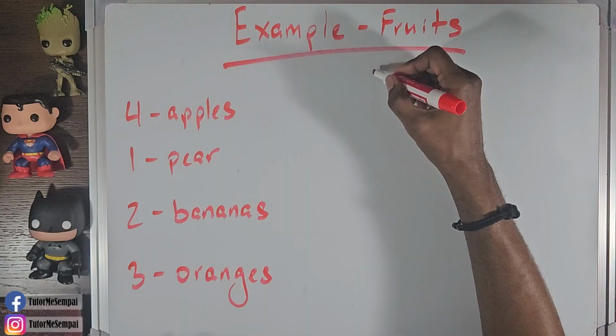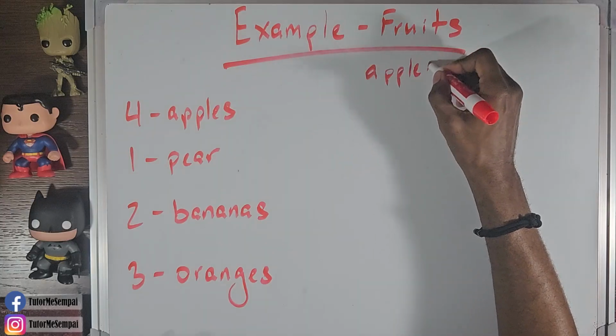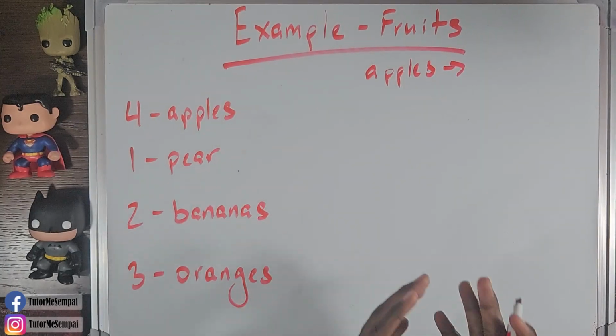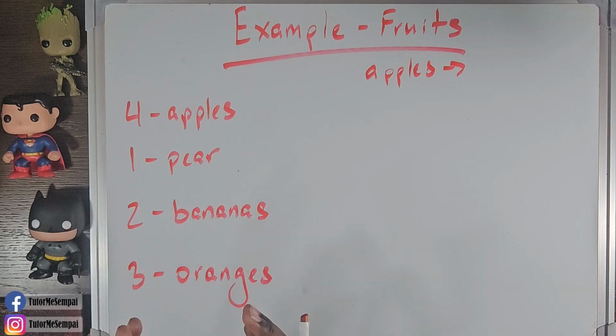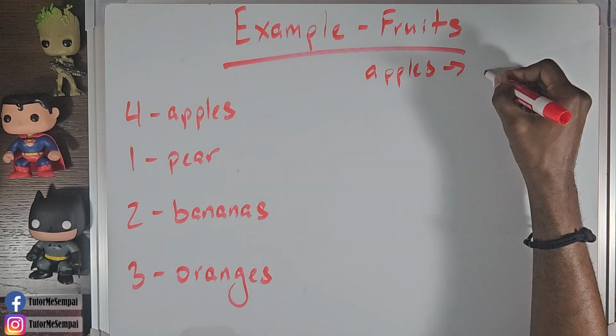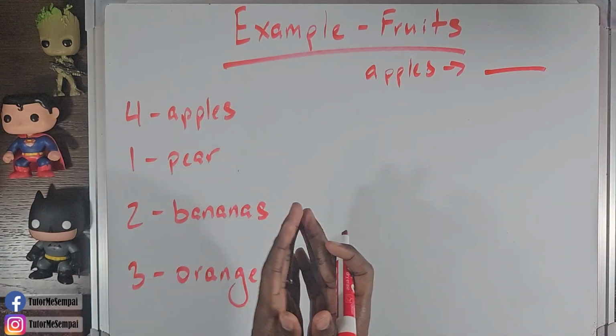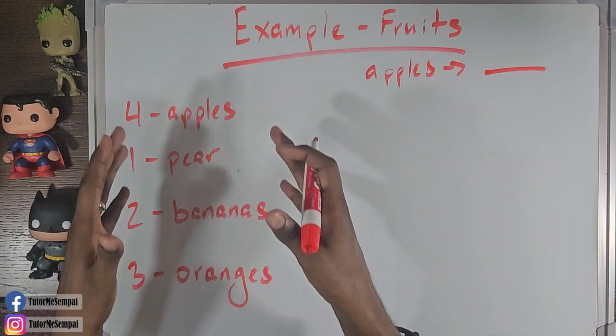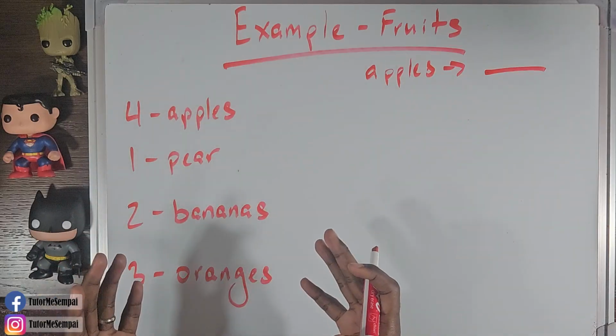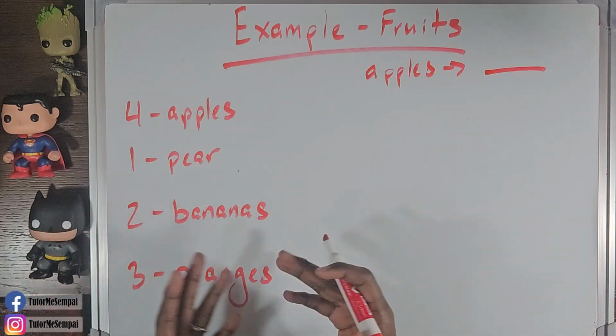So let's say we want to focus on apples. What's our fraction going to look like if we were to focus on apples? Well, first, put your bar. Now we have to determine what is our group. Our group is going to be all of these fruits. How many fruits do we have? Well, add up all the fruits.